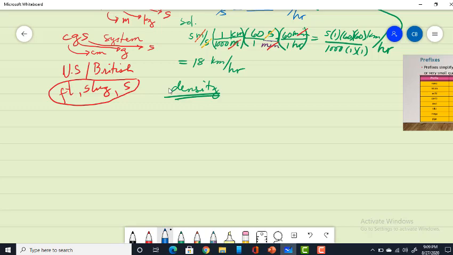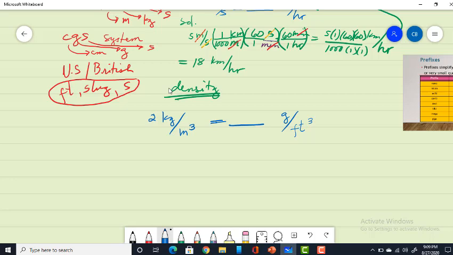You're given 2 kilogram per meter cube. How many of this in gram per cm cube? Or why not consider British units? How about British? Feet, gram per feet cube.